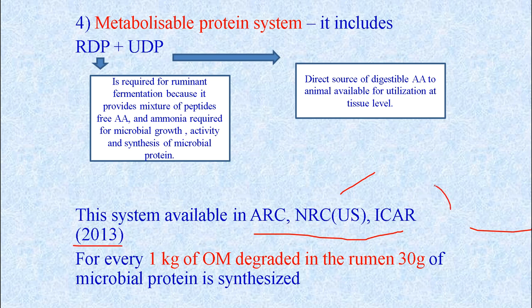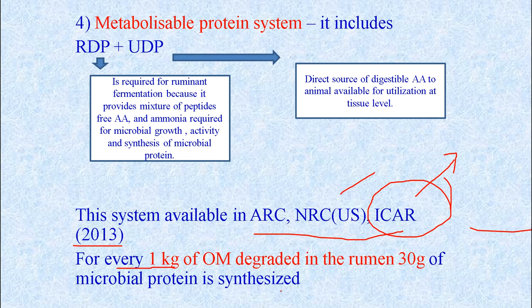The ICAR itself tried to evolve its own type of feed metabolism systems, whereas the NRC is universally accepted and is from the US.